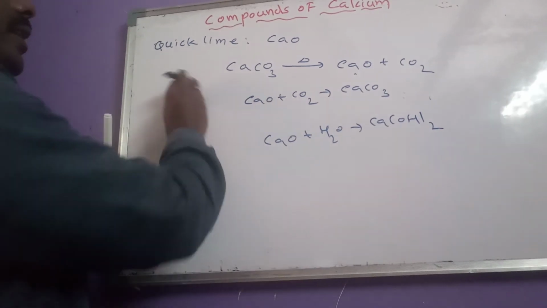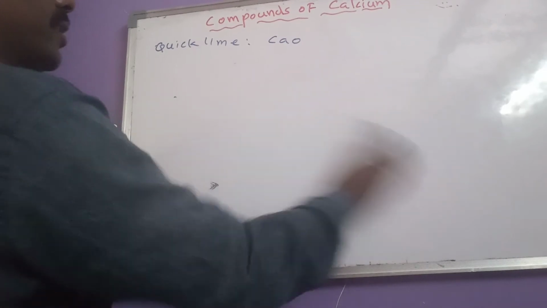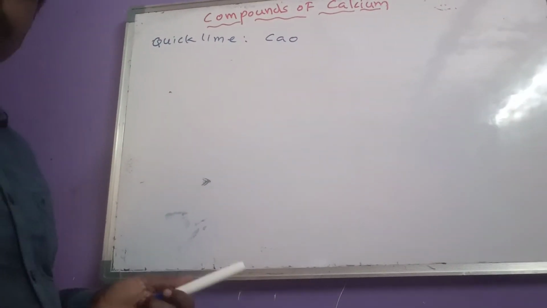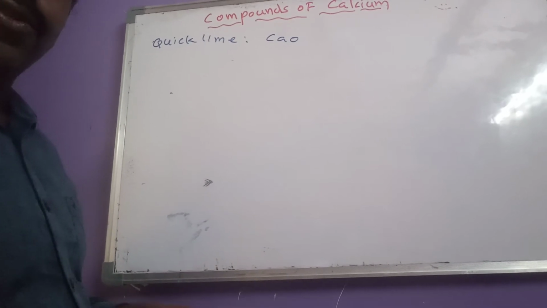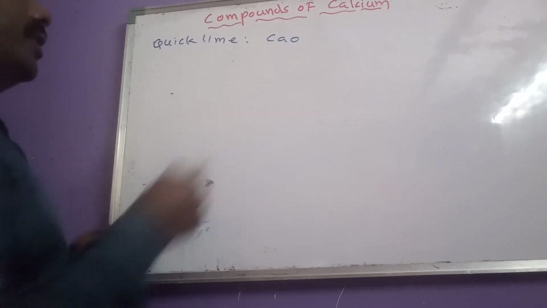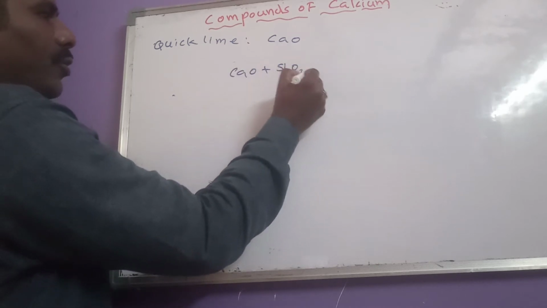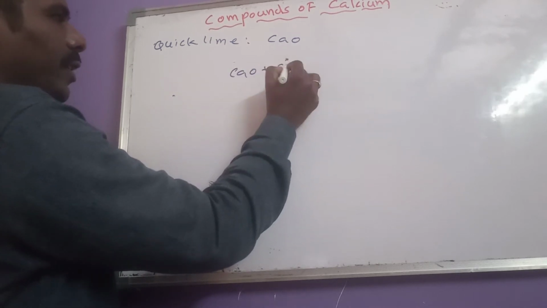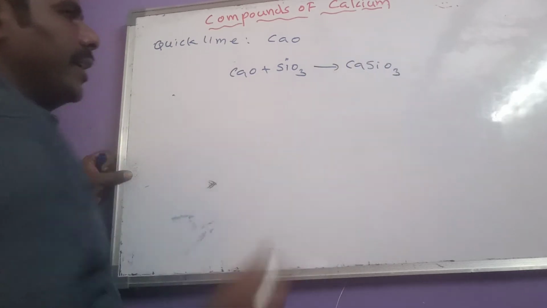Another thing is that CaO has basic nature, so CaO reacts with acidic oxides like SiO2 and P4O10. CaO reacts with SiO2 and forms CaSiO3, calcium silicate.